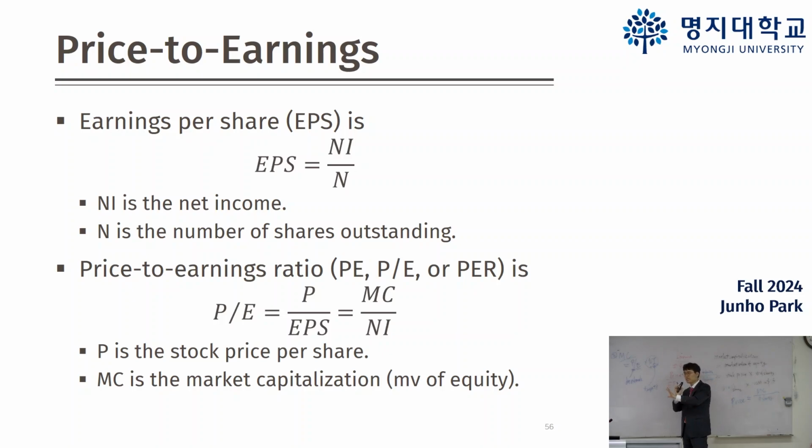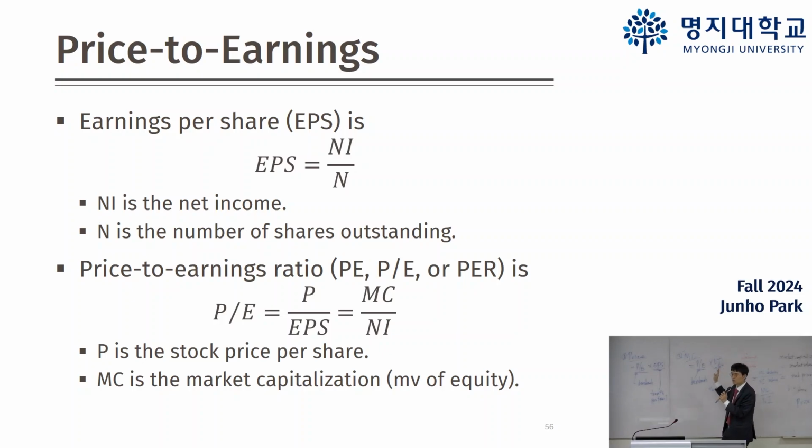One company is highly levered and the other one is less levered. But then we have different concerns. A highly levered company may generate more cash flows, but at the same time, it has a kind of risk because it can go bankrupt. Then the PE ratio does not capture that characteristic.